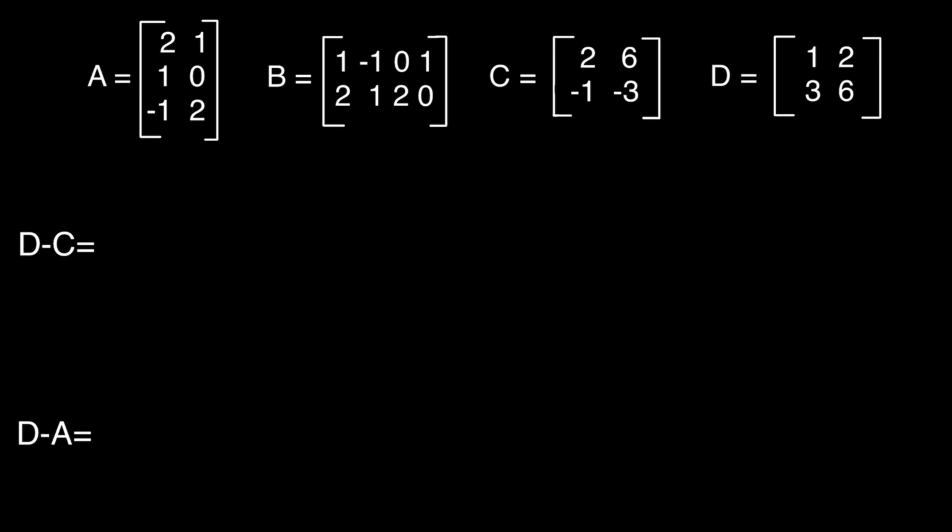What is D minus C? Same concept as addition. To subtract matrices, both matrices must be of the same dimension. So over here, D is 1, 2, 1, 2, and so we have a 2 by 2 matrix. C is 1, 2, 1, 2, and so we have matrices of the same dimension. Now let's subtract them. So we've got 1, 2, 3, 6.